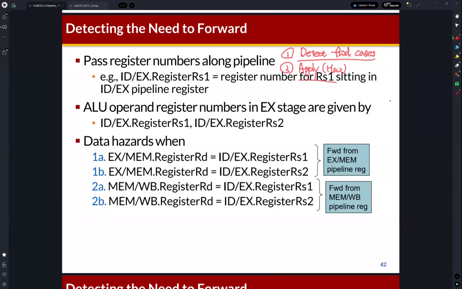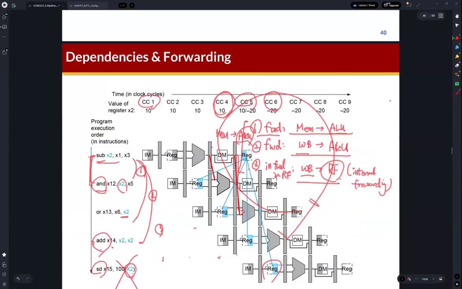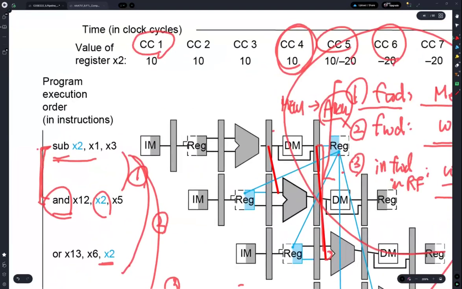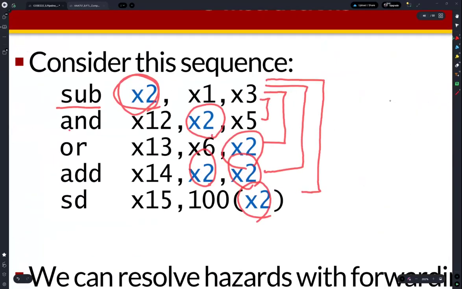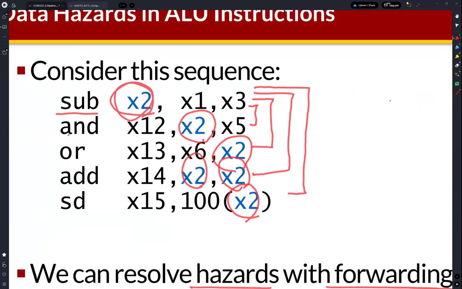So then how can we detect these data forwarding cases? Okay, let's see. It is simple, right?